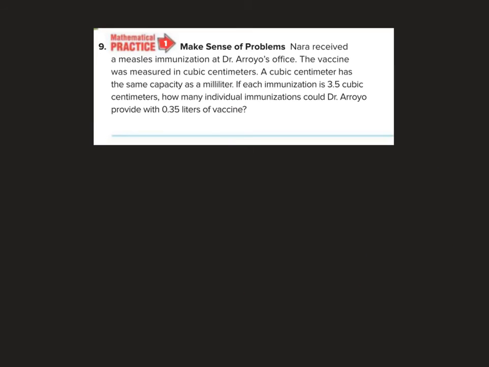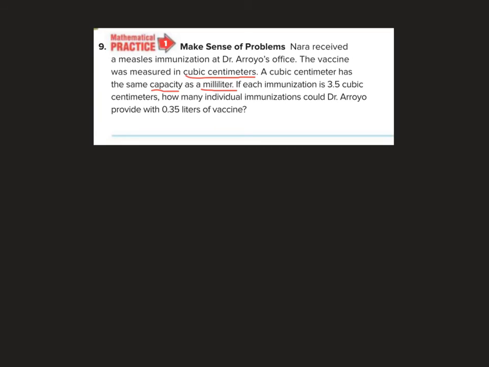All right, number 9, make sense of problems. Nara received a measles immunization at Dr. Arroyo's office. The vaccine was measured in cubic centimeters. A cubic centimeter has the same capacity, that's a liquid volume, how much does the container hold, as a milliliter.